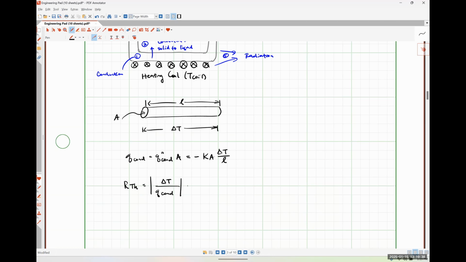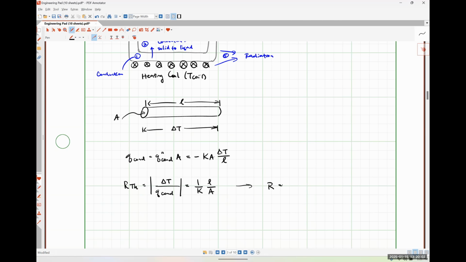Okay. And so this is going to come out to be 1 over K times the length over the area. And this is known as thermal resistance because it looks incredibly similar to our normal electrical resistance formula.